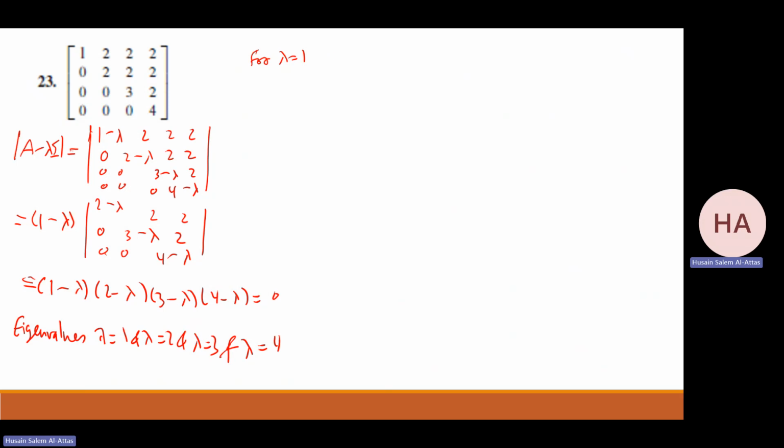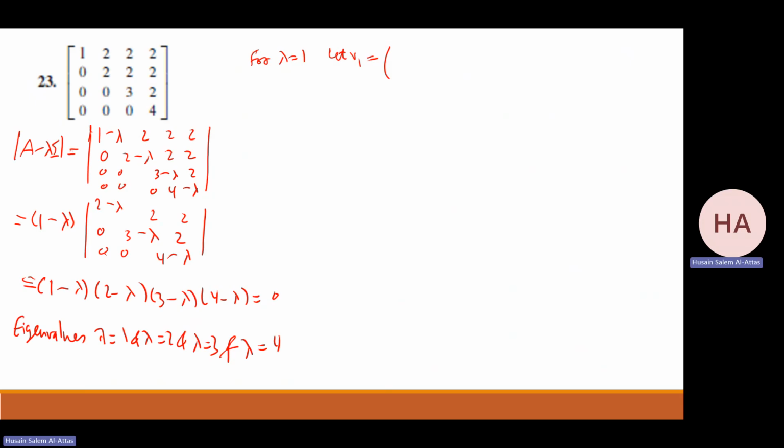Okay. So I let V1 now to be (K1, K2, K3, and also K4). Solve the system. It will be 1, 0, 2, 2, 2. Then it will be 0, 1, 2, 2. 0, 0, 3 minus 1, that will be 2, 2.